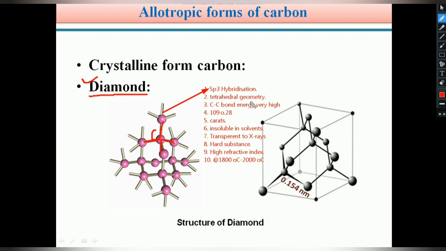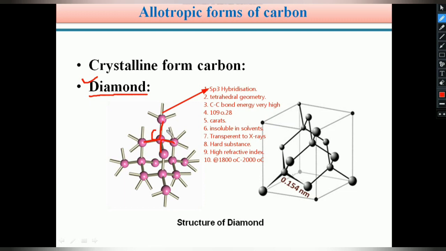Already in the chemical bonding topic, we discussed sp3 hybridization and the geometries of molecules. So in the diamond allotropic form, carbon has sp3 hybridization and tetrahedral geometry, and the carbon-carbon bond energy is very high. So it is very difficult to break the bond between two carbon atoms in a diamond.